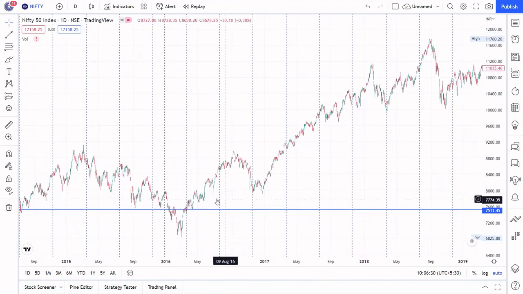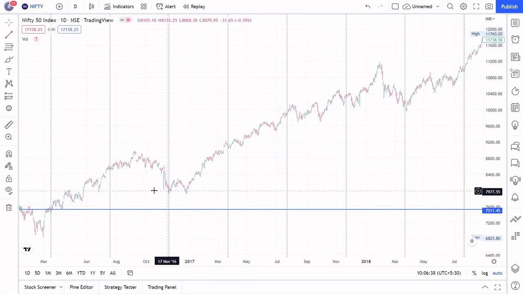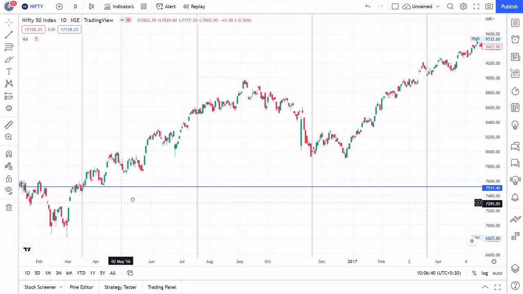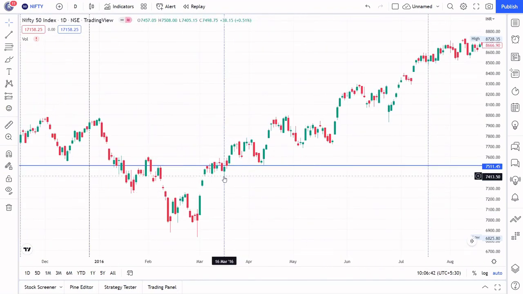So till 2017, we will never get that because market was above 7800. So let's go and see if we get anything. See over here on 16th March 2016, this candle is very close to the level. And if you see the close of this candle, it is 7498.